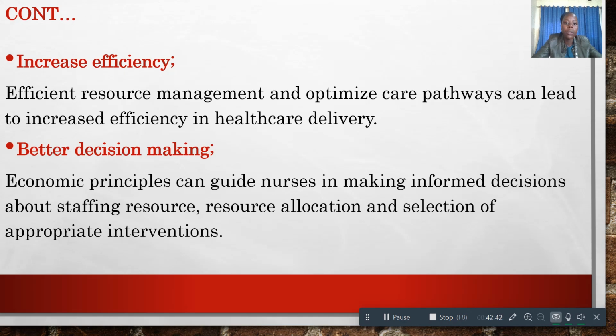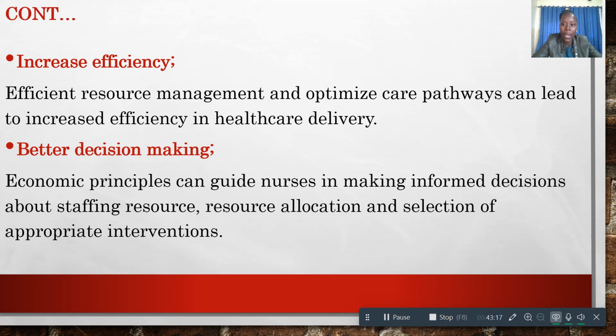Then we also have better decision making. Economic principles can guide nurses in making informed decisions about staffing, about resource allocation, and selection of appropriate interventions. We've seen that. As we apply these hospital economy principles, for example resource management, we look at staffing resource.